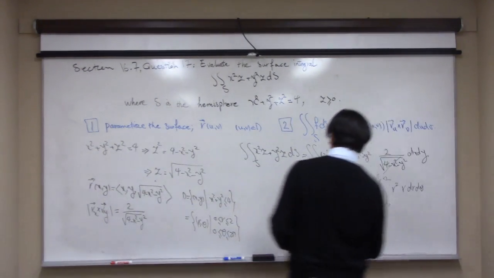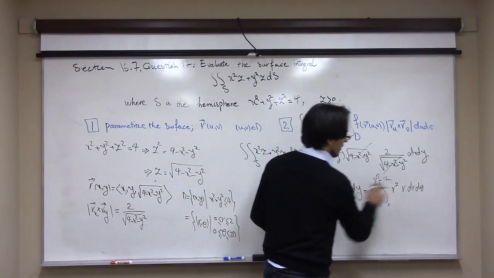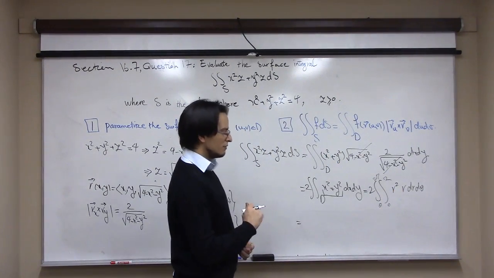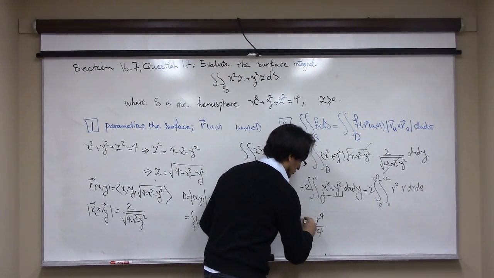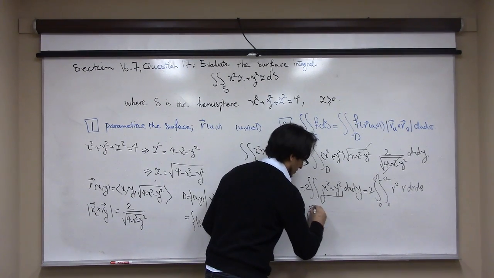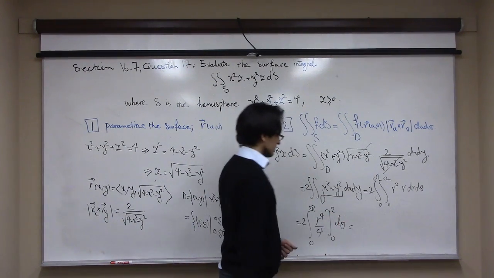Okay, now I have an iterated integral. I have 2 here, r to the power 3, the antiderivative of r to the power 3 is r to the power 4 over 4, 2 is outside, from 0 to 2 pi, going from 0 to 2, d theta.